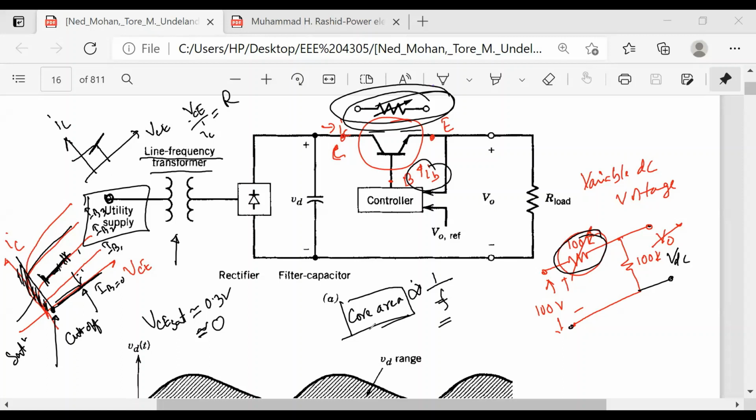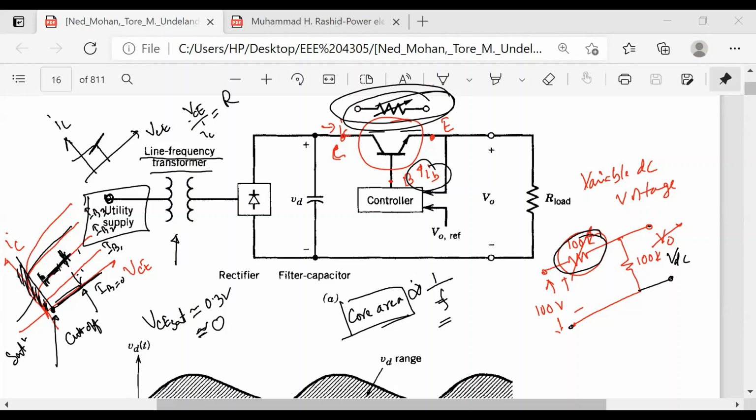So if you use this kind of variable DC power supply in linear electronics, that means in the active mode of operation, then we have a variable resistance, and this resistance will absorb the power.